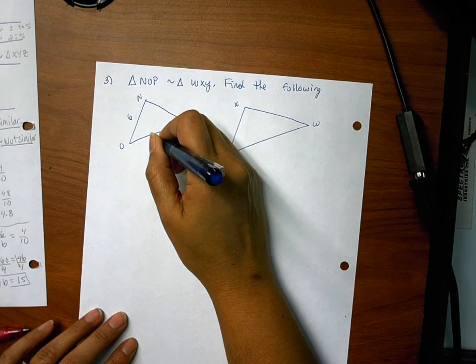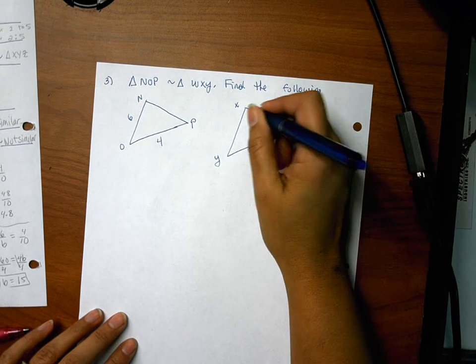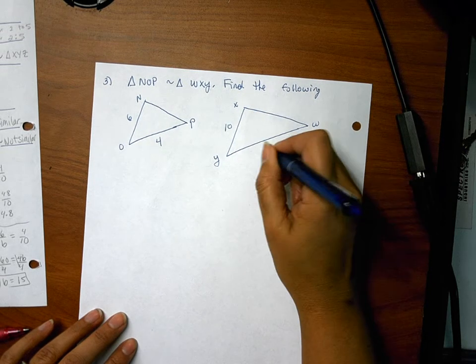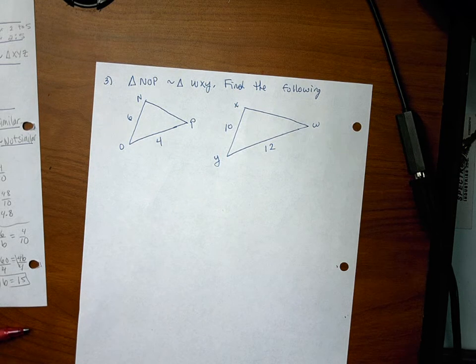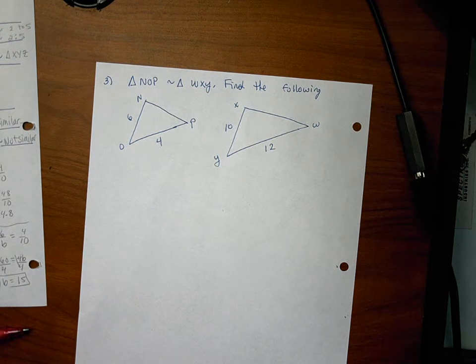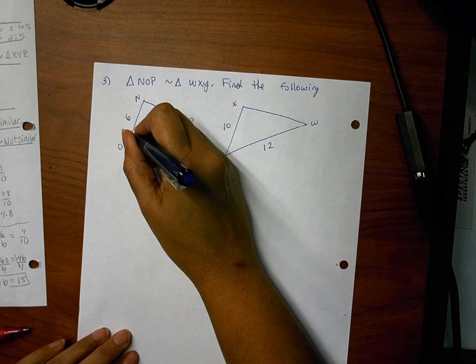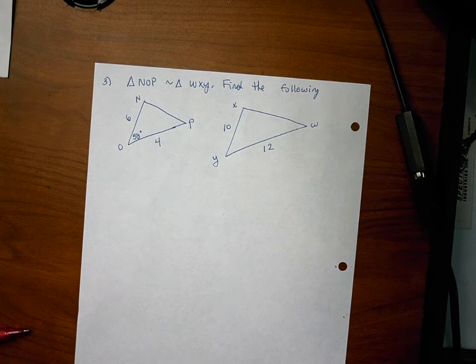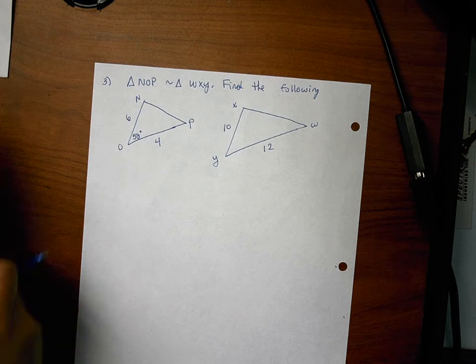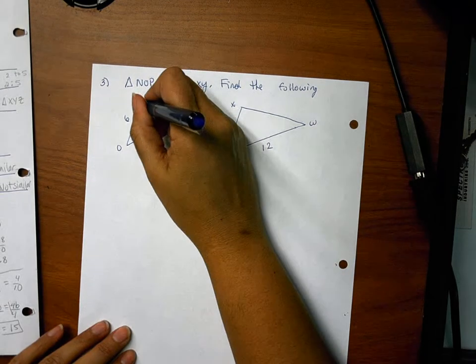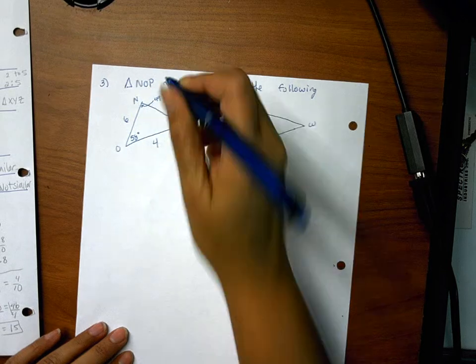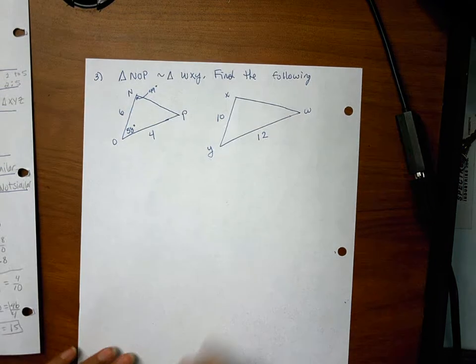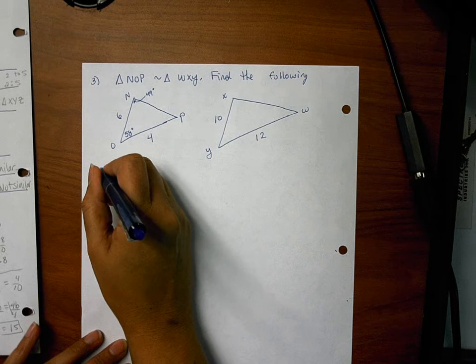Okay, I am going to give you that NO is 6, OP is 4, XY is 10, and YW is 12. So there will be some given information. Angle O is 58 degrees, and this angle right there is 49 degrees.